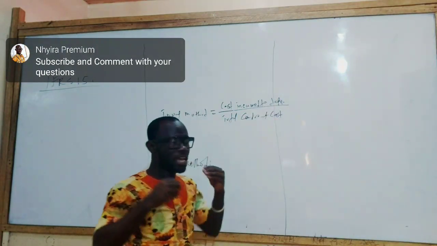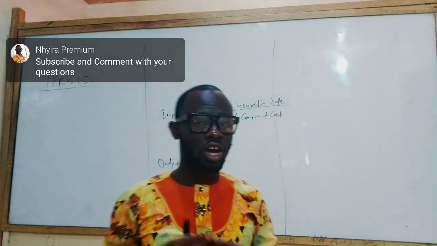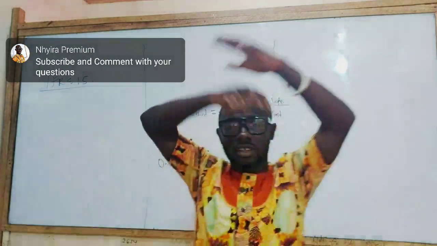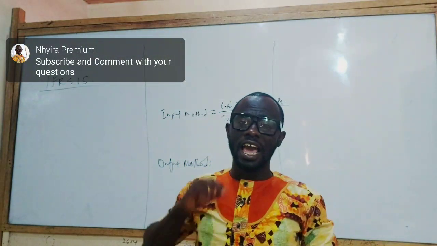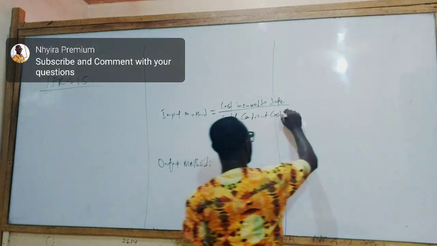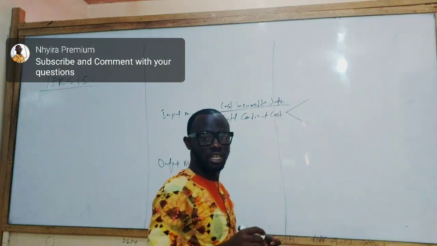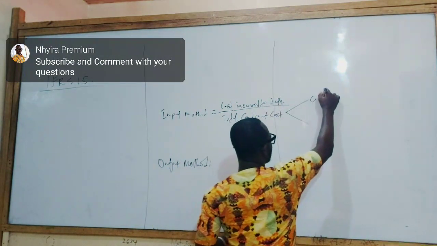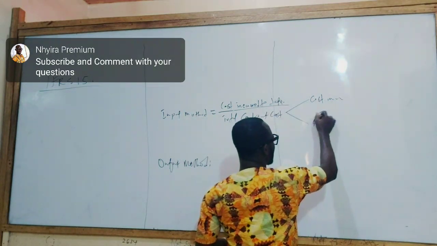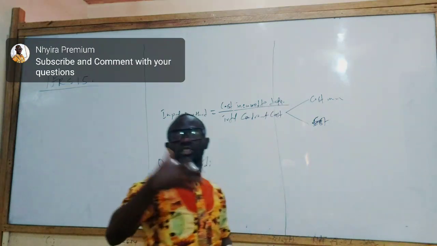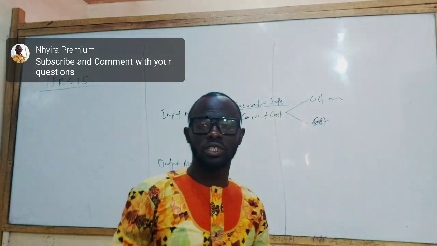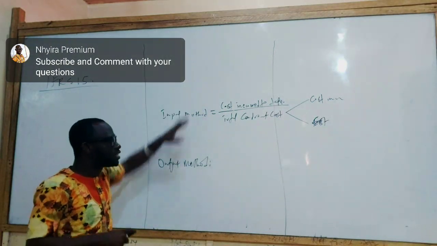Then the total contract cost includes the cost we've incurred to date and the estimated cost to completion. So the total contract cost entails two things: cost incurred to date, like the numerator, and then estimated cost to completion. How much cost are we going to be incurring to be able to actually complete the project? So that is the input method.